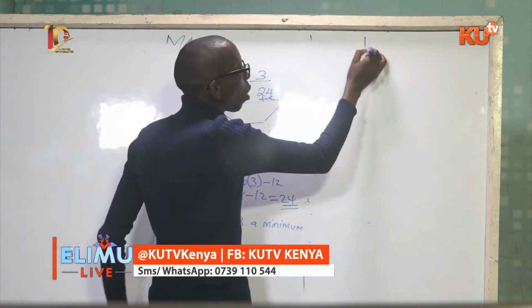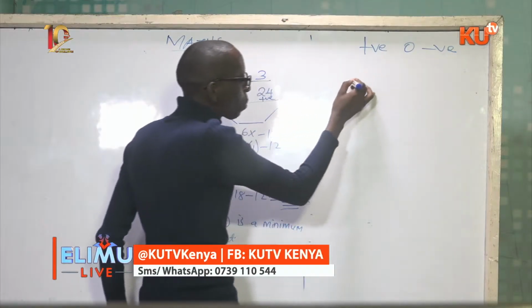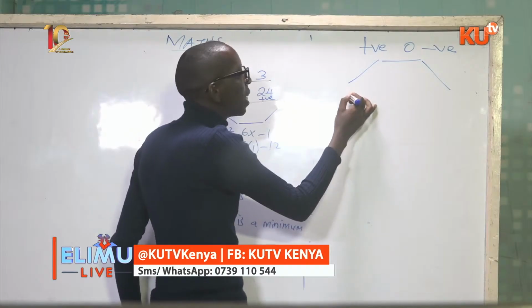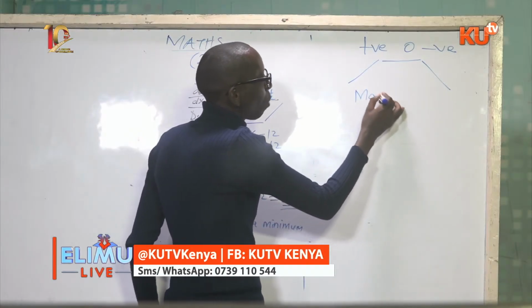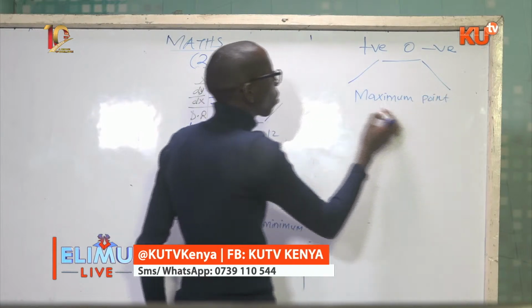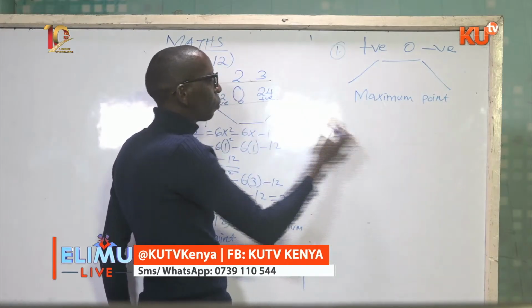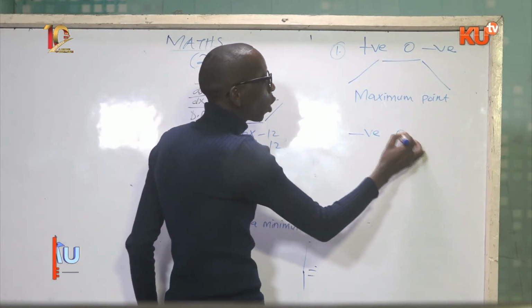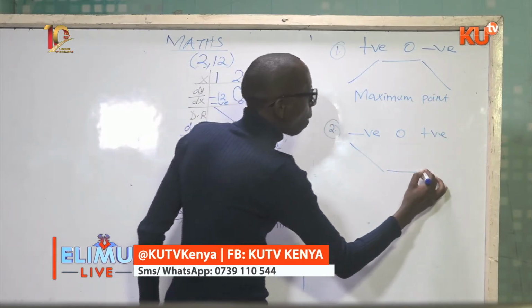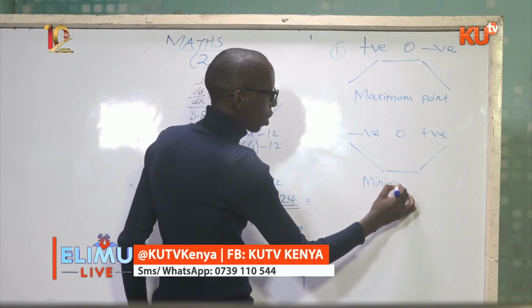If you get positive, 0, negative, it slopes like this. This is called a maximum point, as we have seen in our example. That is 1.